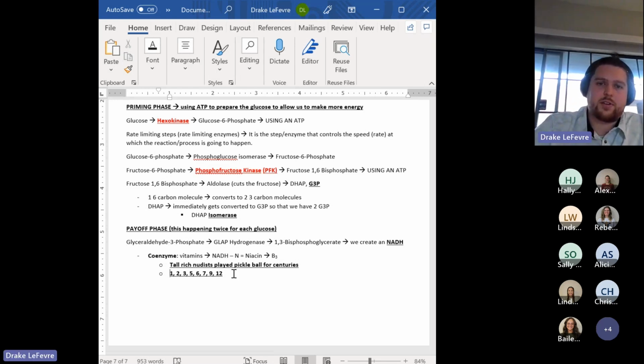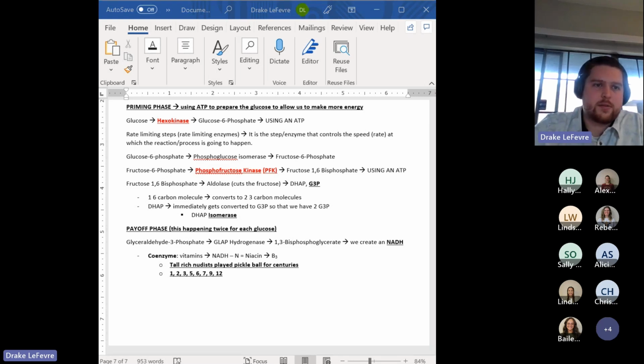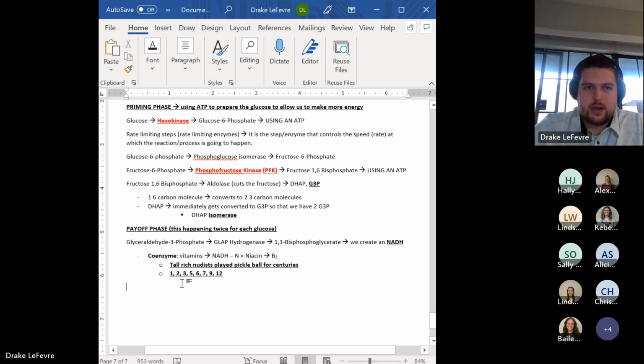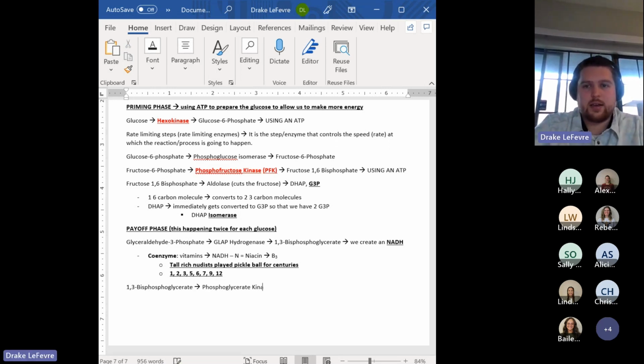Back to biochemistry. So our glyceraldehyde 3-phosphate, we have our dehydrogenase, and we get 1,3-bisphosphoglycerate. Now we have our 1,3-bisphosphoglycerate going to get acted on by a phosphoglycerate kinase. Look at that, another kinase. So we talked about kinase, right? It has to deal with phosphorylation.